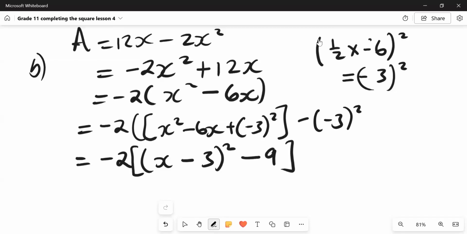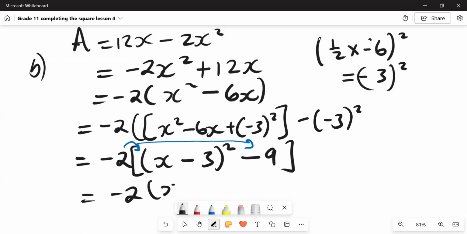And then let us now try and distribute. So this will be our minus 2 times x minus 3, all squared, plus 18, right?